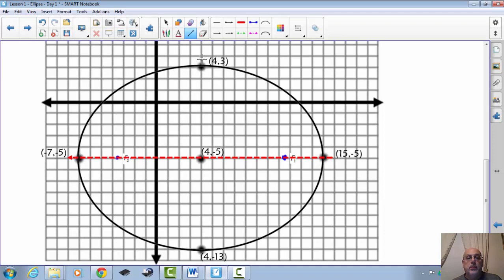The other one will be the vertical symmetry. Again, it goes through the center and goes through the 2 vertices, the one above and one below. So the red dotted lines are the 2 axes of symmetry in the ellipse. So if you fold the ellipse on either red line, it's symmetrical. It'll match up.